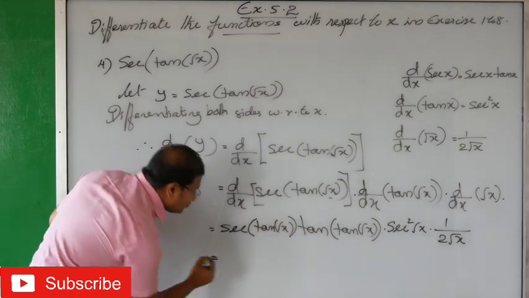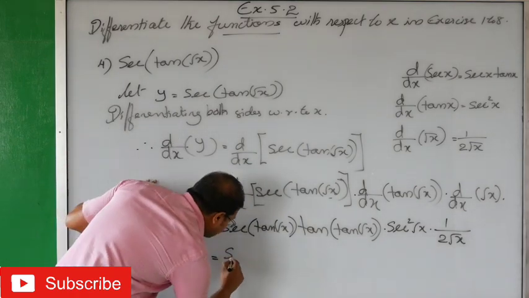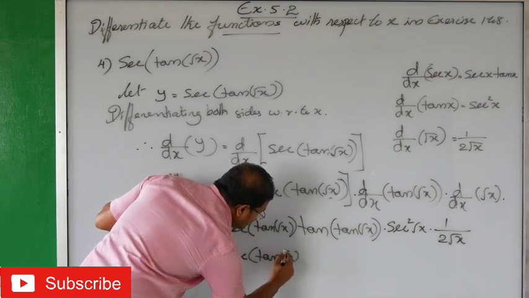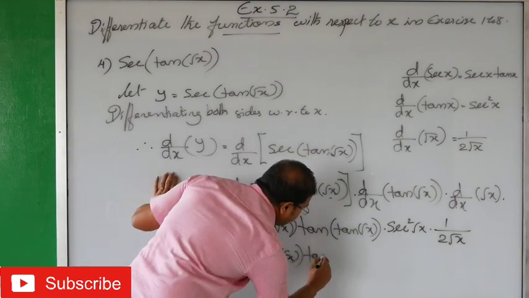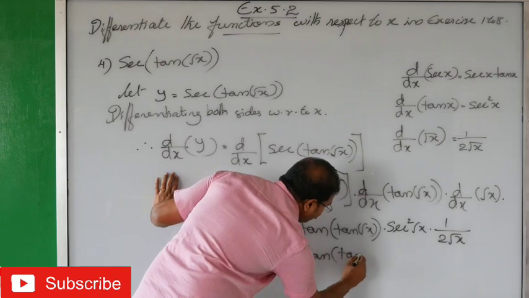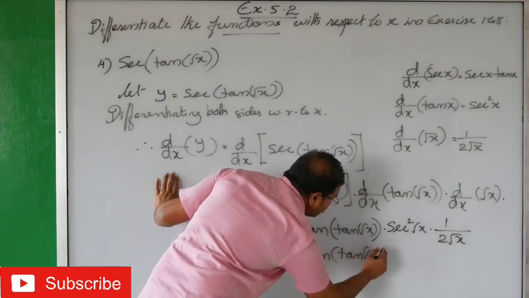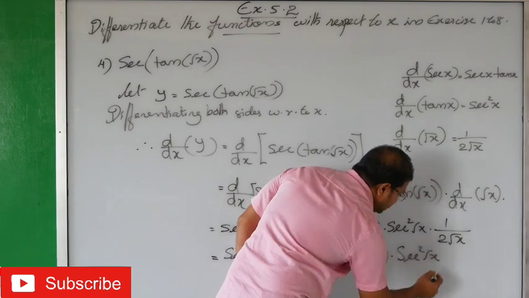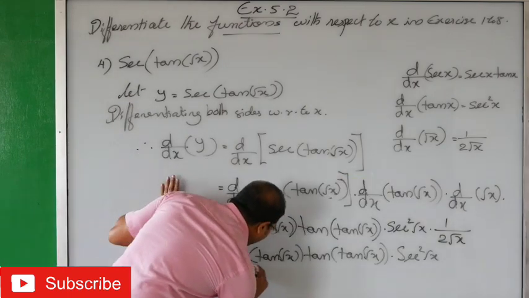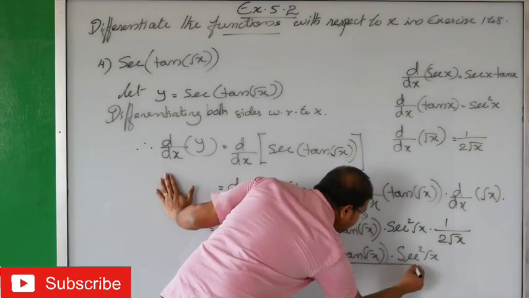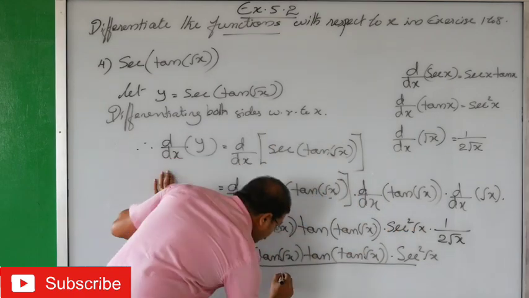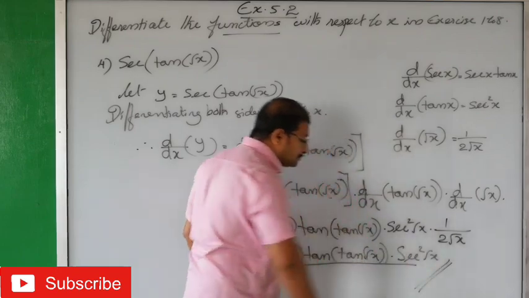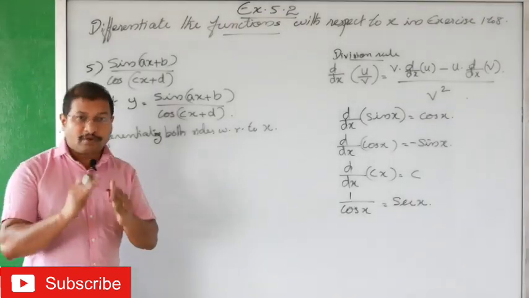It equals sec of tan root x, tan of tan root x, into sec square root x, the whole divided by, what will you write? 2 root x. This is your answer.